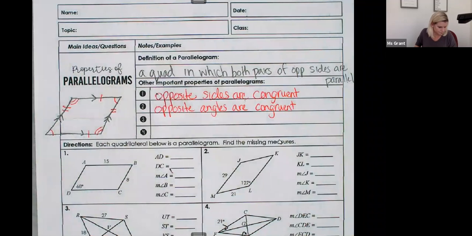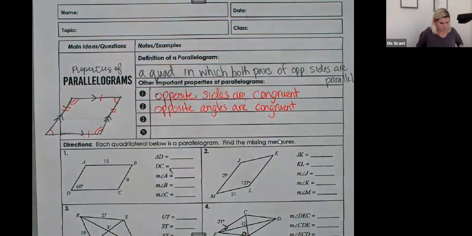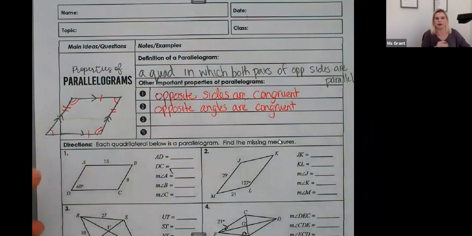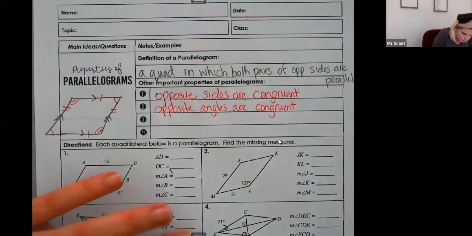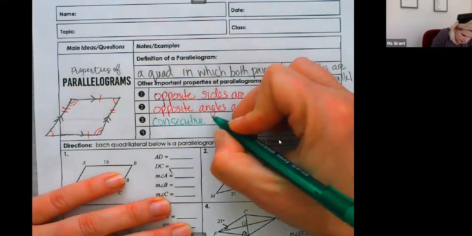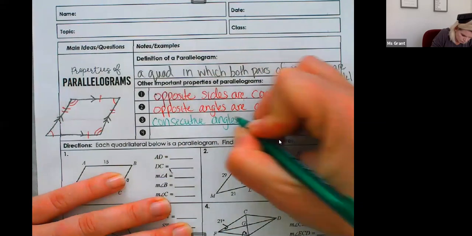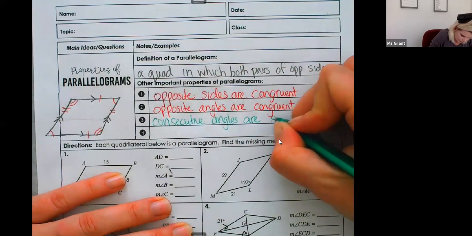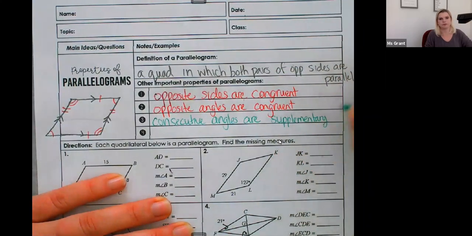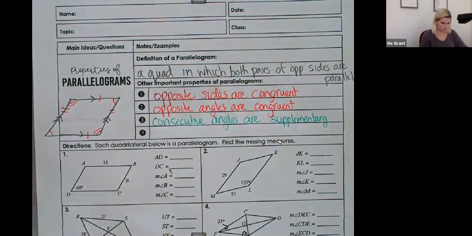So basically, I can say consecutive angles, the angles right after one another, are supplementary. I can't really draw that on the shape, sorry.